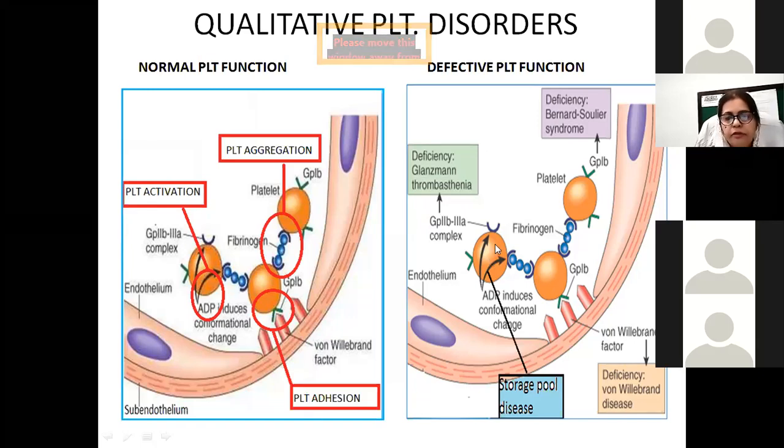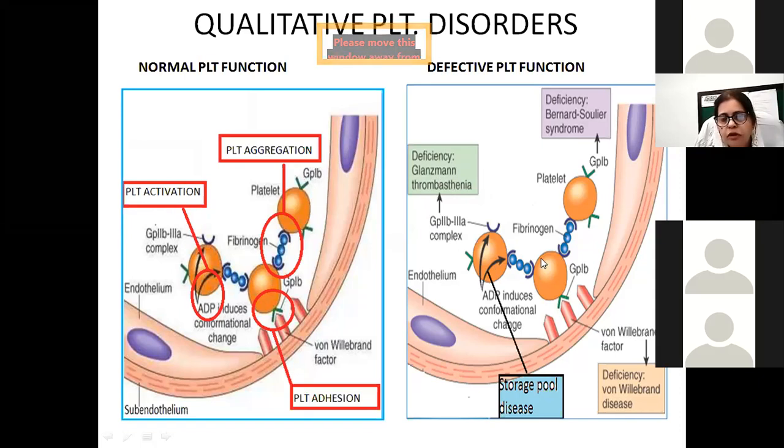If the release phenomenon is lost, or there is deficiency of release of contents of the alpha and dense granules, this is called storage pool disease. If the receptor 2B3A is deficient, this disease is called Glanzmann's thrombasthenia, and it will give rise to defective platelet aggregation.